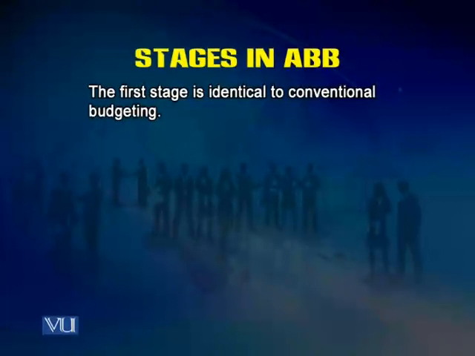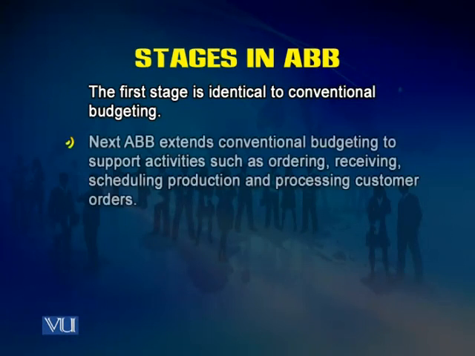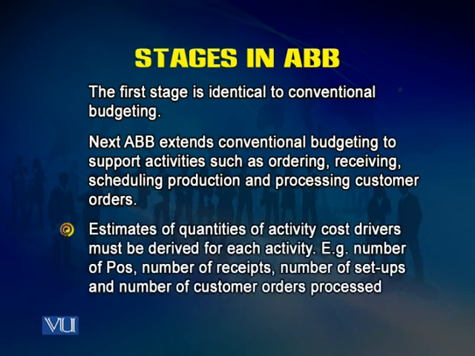The first stage is identical to conventional budgeting. Next, ABB extends conventional budgeting to support activities such as ordering, receiving, scheduling production, and processing customer orders. Estimates of quantities of activity cost drivers must be derived for each activity. For example, number of purchase orders, number of receipts, number of setups, and number of customer orders processed.